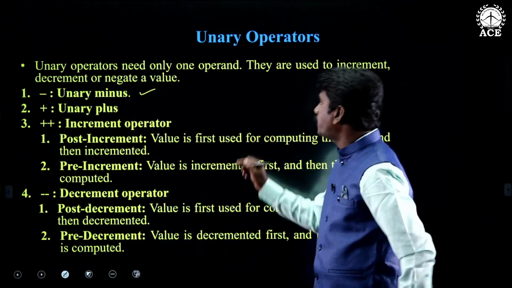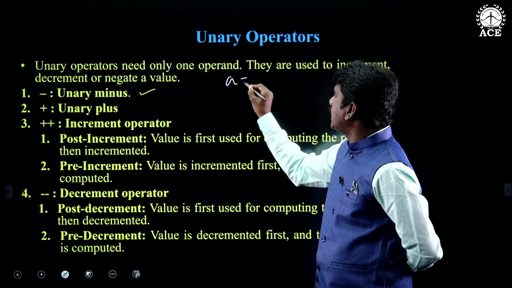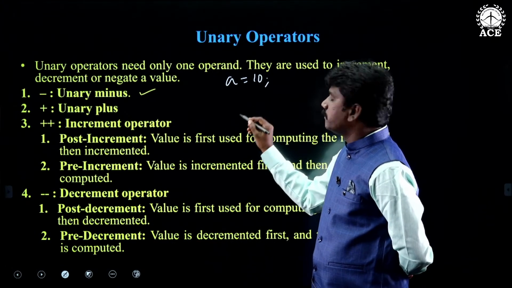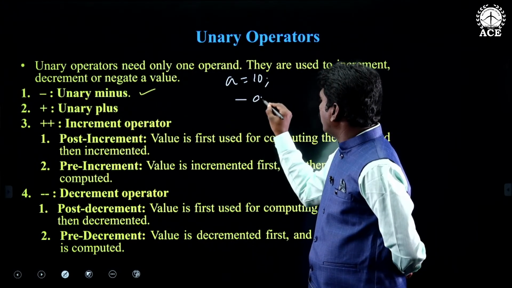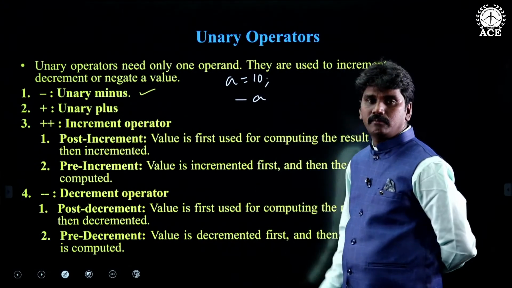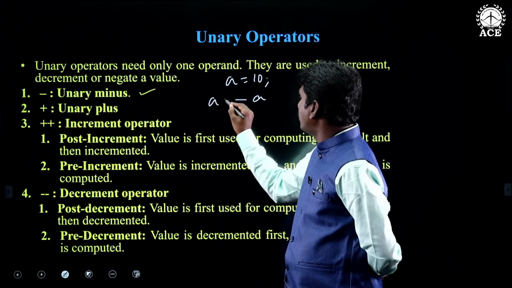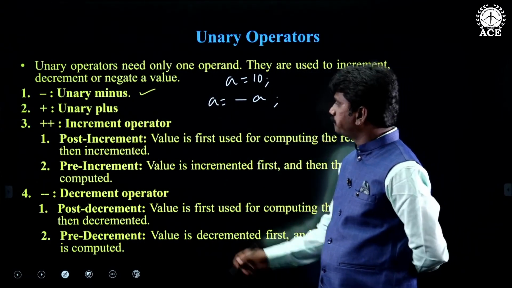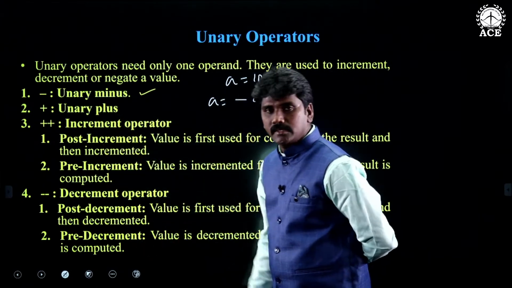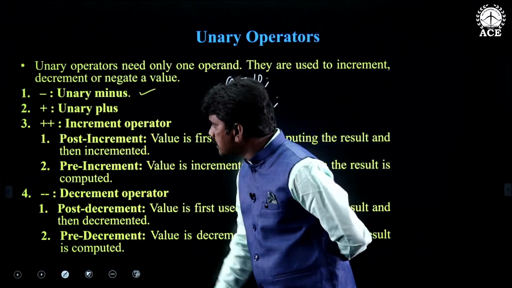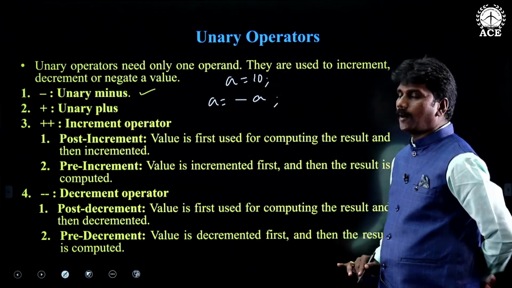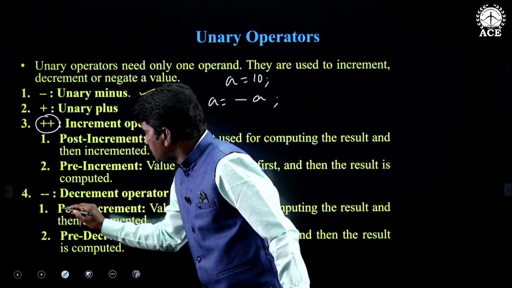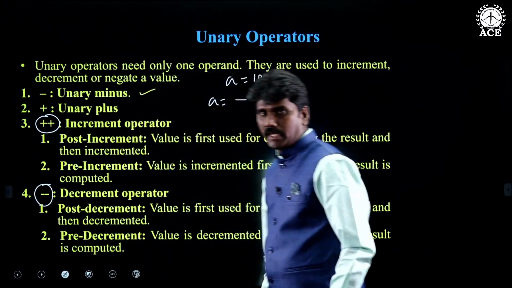Whatever positive value we are having, like a is equal to some value 10, if we use minus a, for example a is equal to minus a, then the a value is going to be minus 10. Similarly, unary plus. And the next one is increment and decrement operators. Let us focus our concentration on these two especially.